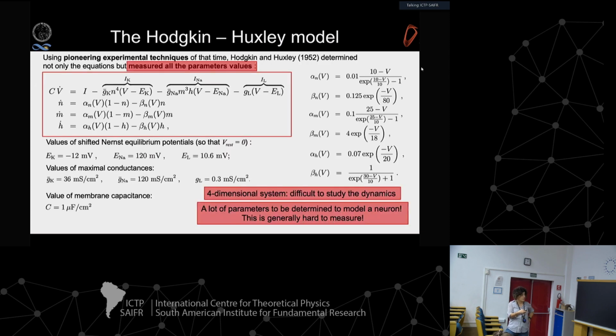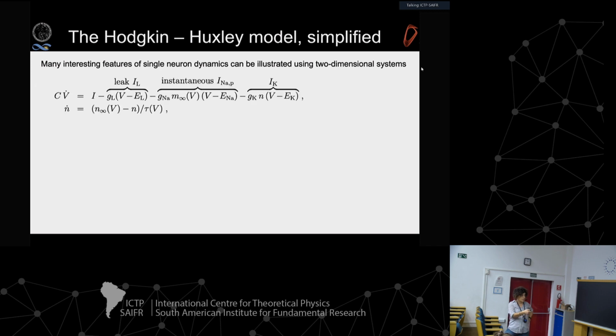In the HH model you have a fast current with m and h, a leaky current, which doesn't matter, and a slower current here. The first approach is, this is so fast, let's make it instantaneous.